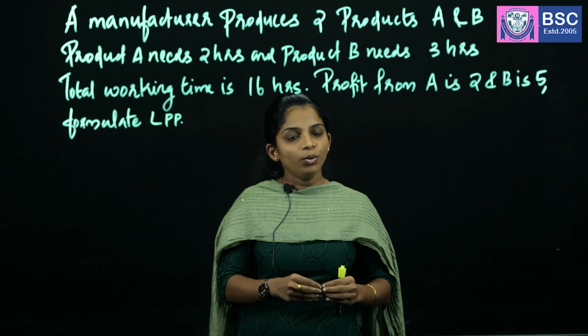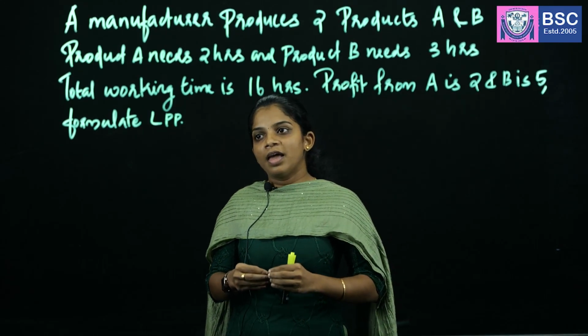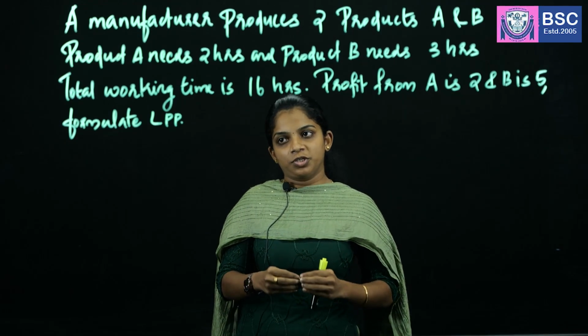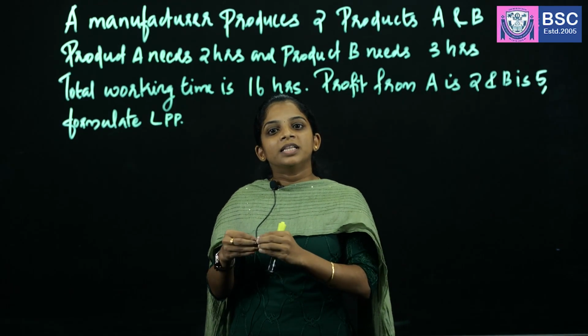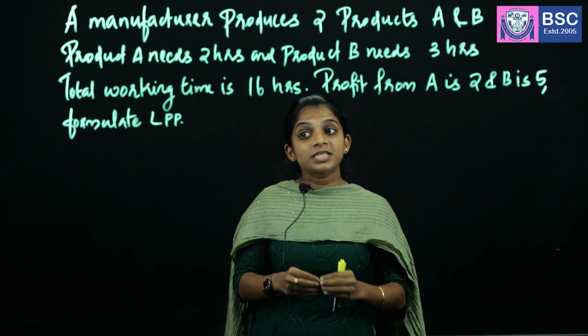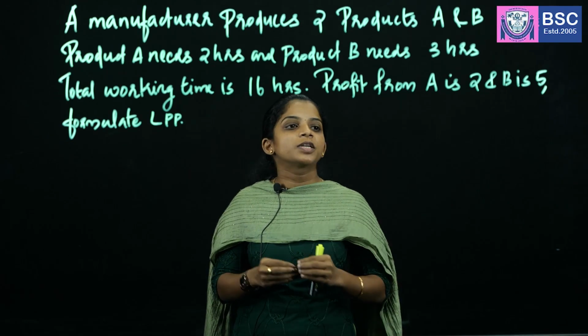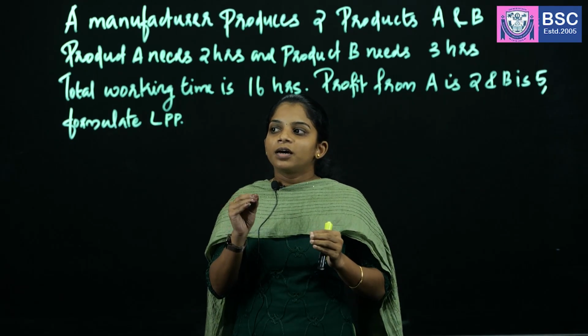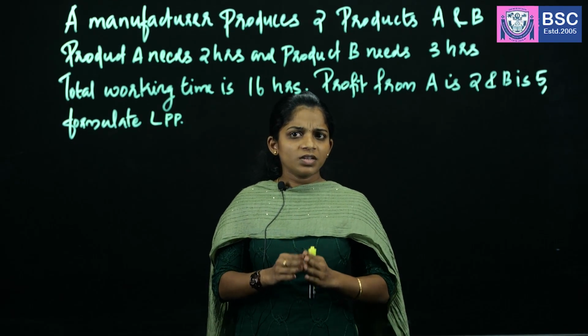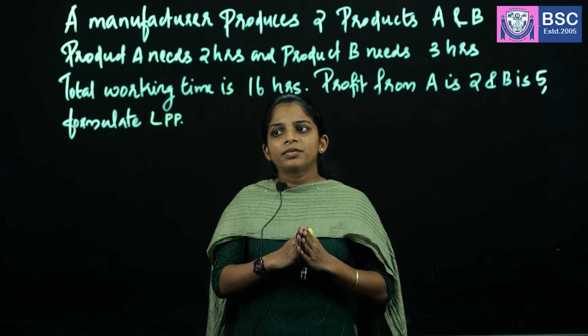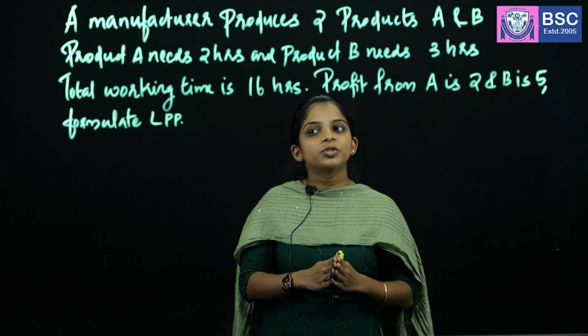So in LPP also, first of all, we need to identify and formulate the objective function. Objective function here means the situational objective, not the profit maximization or the ultimate objective of an organization. Here we mean the objective according to the situation. So the first step in LPP is to formulate the objective function.